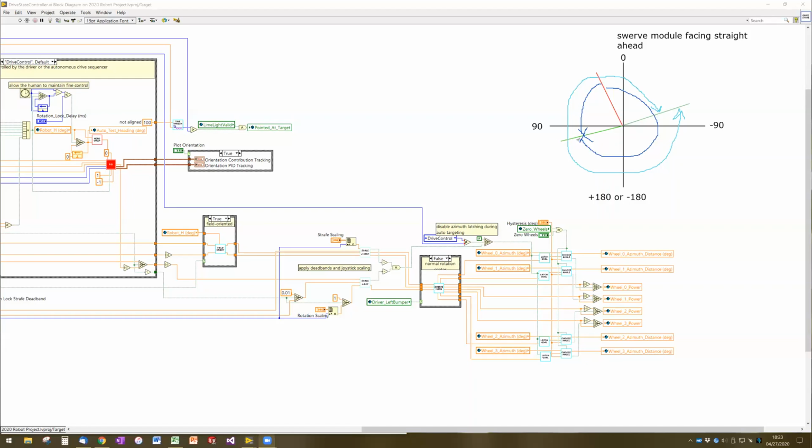First, we need to choose the correct one of these four options. So we need to choose the correct angle or its opposite angle, and then the correct direction. So we've got one of four options. And then we need to calculate the angular distance, the angle between our goal and that chosen option.